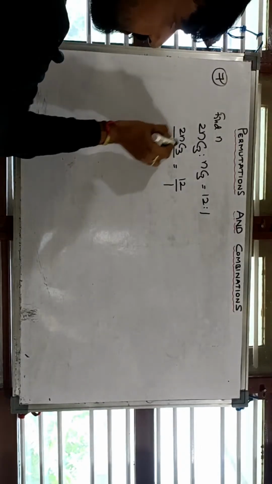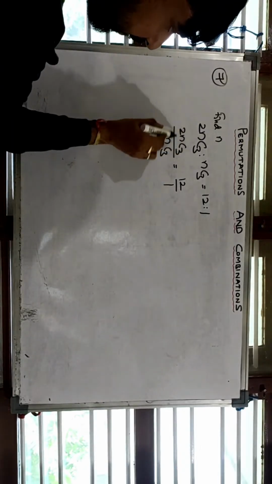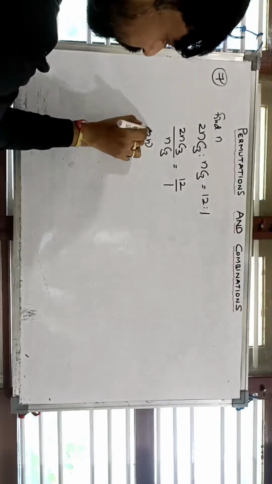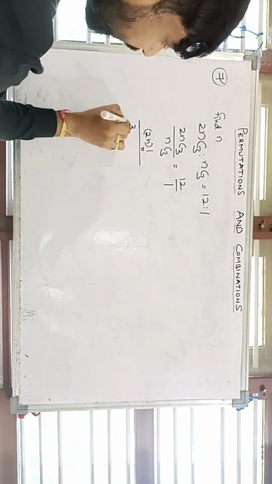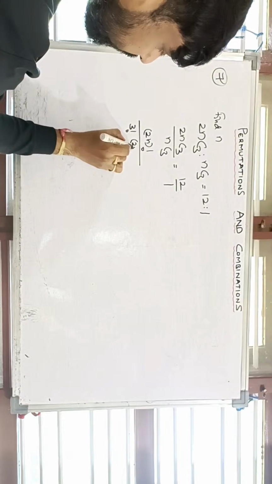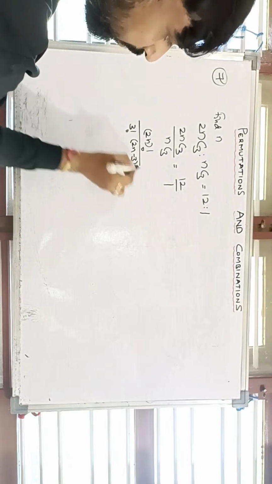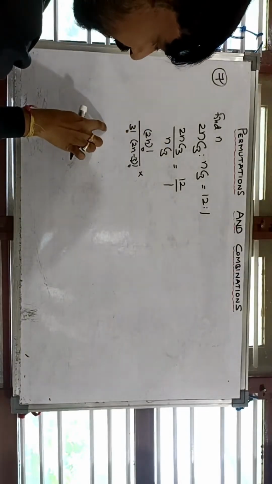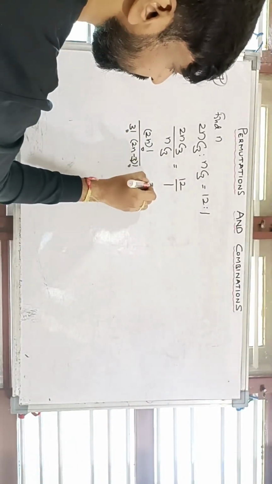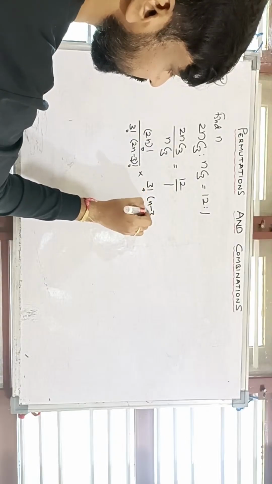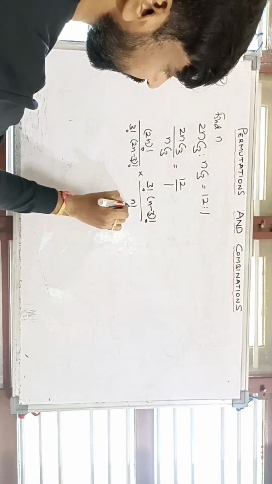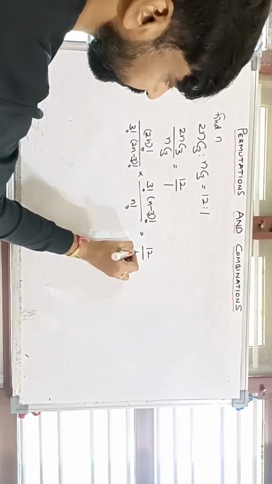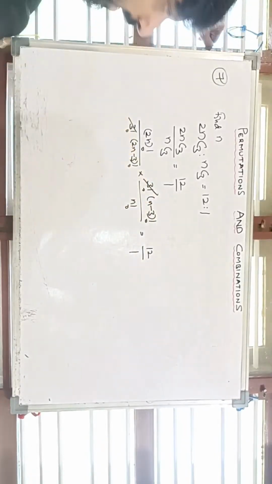So don't cancel nC3. 2nC3 means 2n factorial by 3 factorial into (2n minus 3) factorial, into the reciprocal, 3 factorial into (n minus 3) factorial by n factorial, is equal to 12 by 1. So 3 factorial gets cancelled.